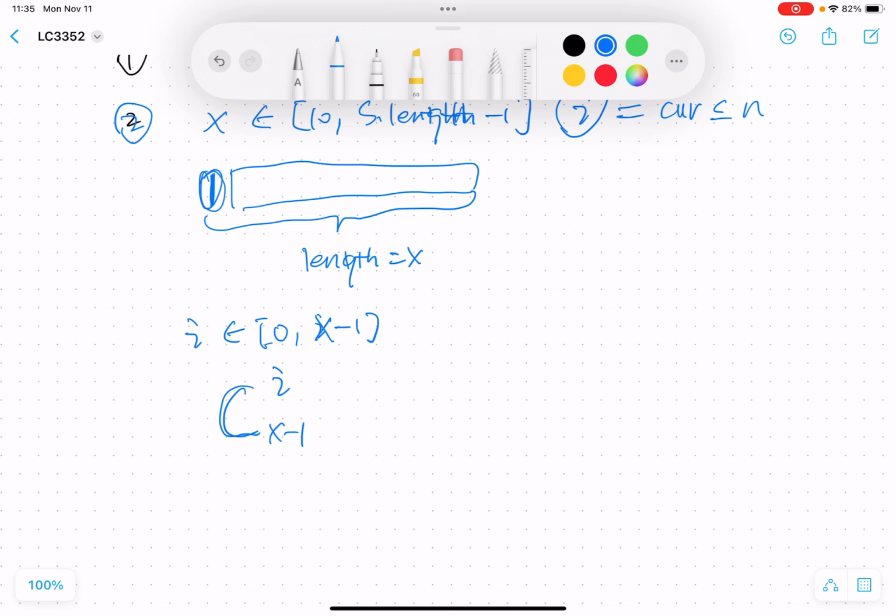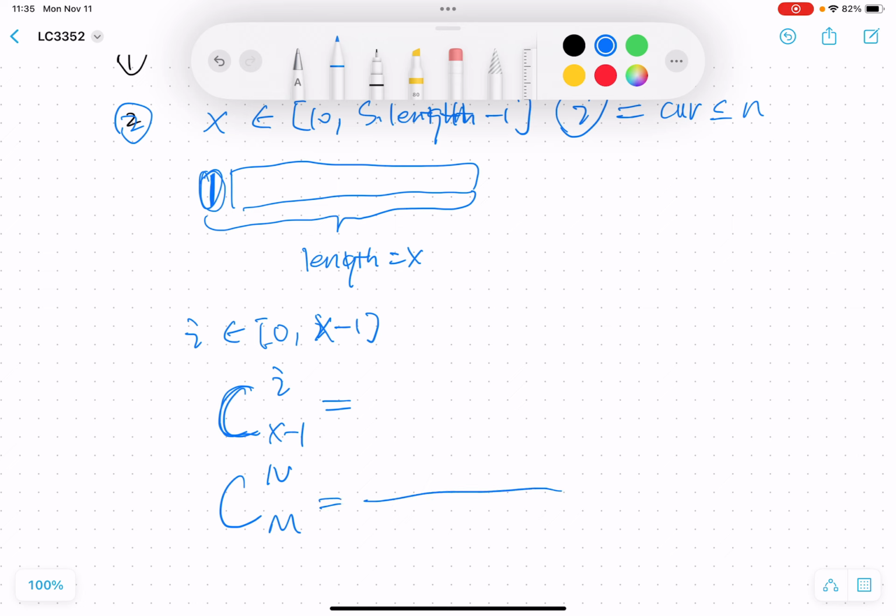So the C function returns the number of ways we can choose. Actually, this belongs to combinatorics. I will not provide details about this method, but the C function C(m, n) means we can choose n atoms from all m atoms.